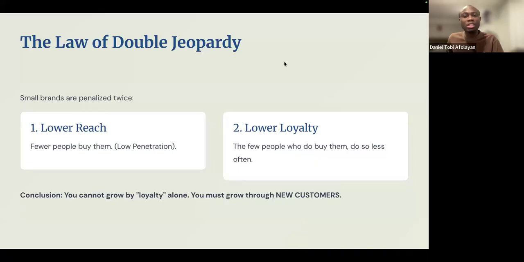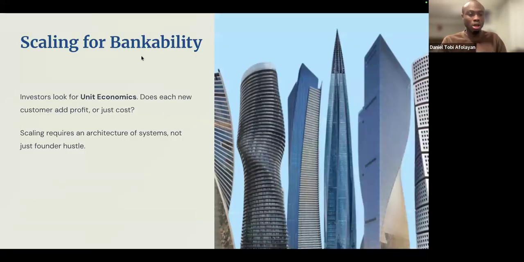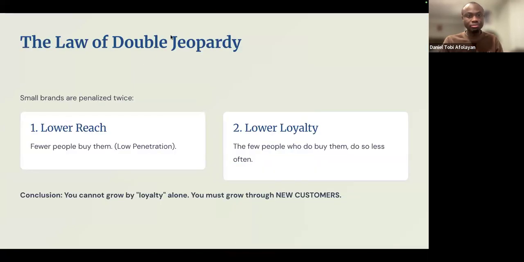And what I tell people that have these two issues is that you have to find a way to grow with new customers, because you already know that you have these two problems. You have lower reach and lower loyalty.